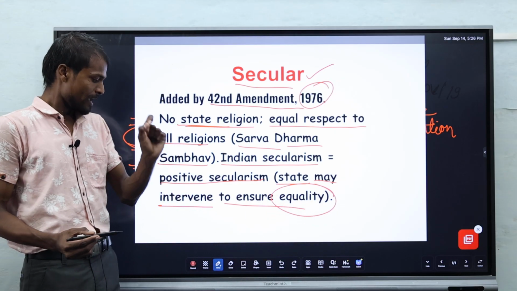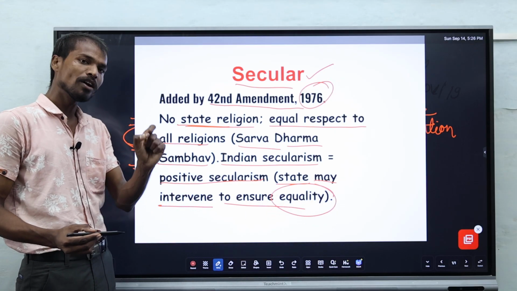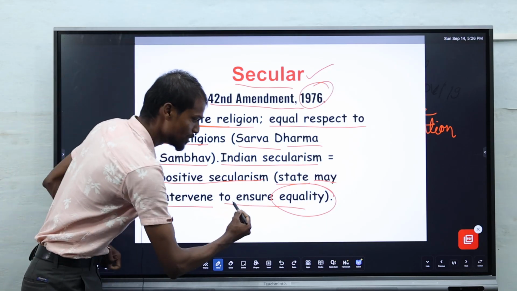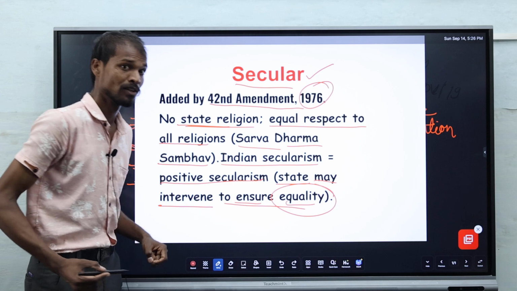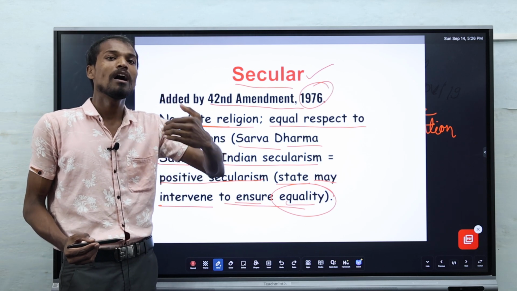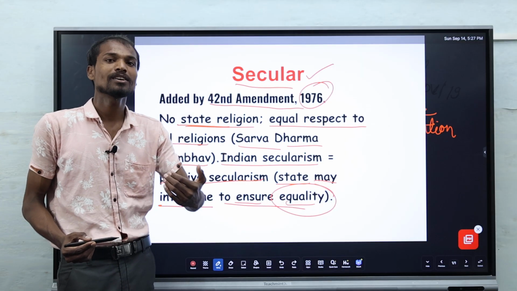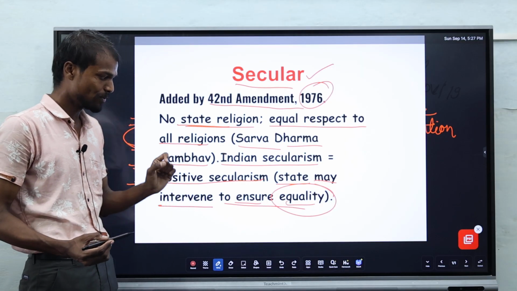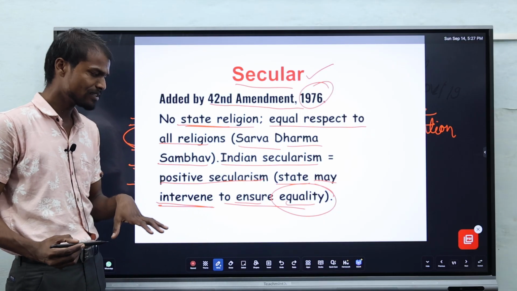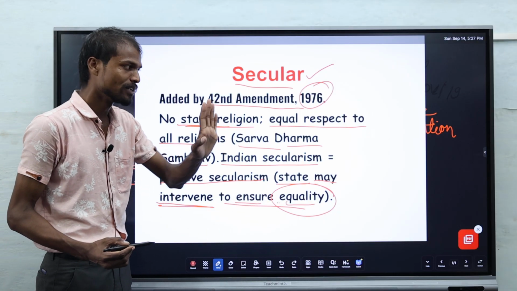The state will intervene in the affairs of religion, but to ensure equality, not to give any particular privileges or benefits to any person.